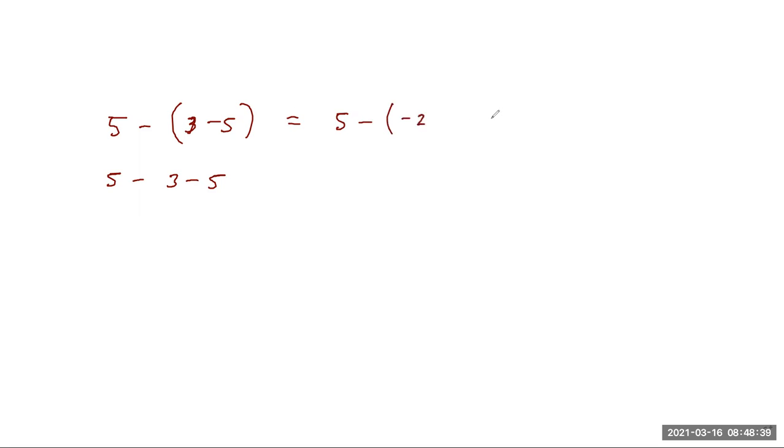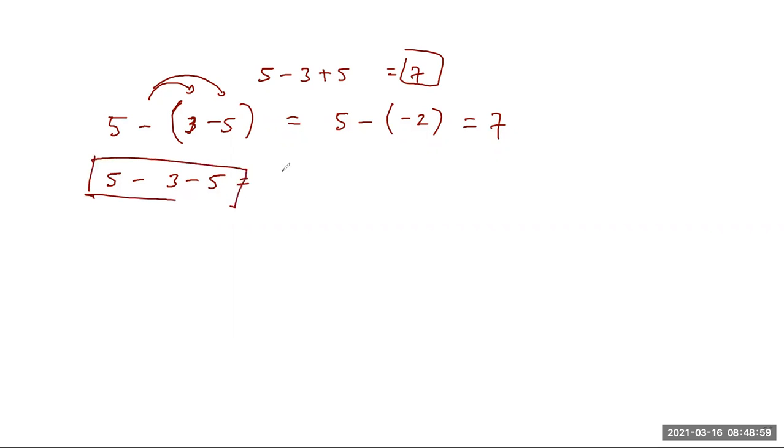So it is supposed to be 7. If I'm not using the parentheses, it means I have to distribute it. So if it is minus 5 minus 3 plus 5, I will have the same. So if you say, Mister, it's the same, try to prove it yourself. This is different. This is 2 minus 5, it is -3. So it's not the same.